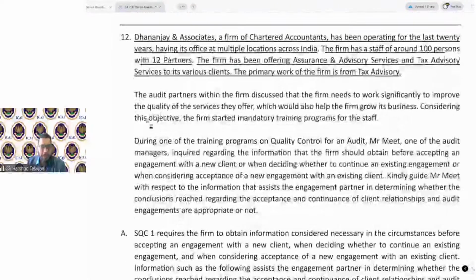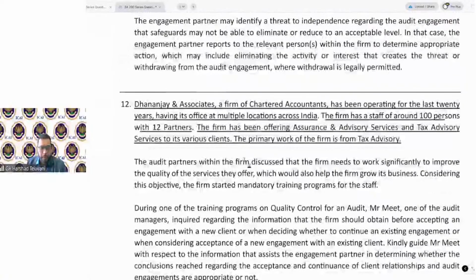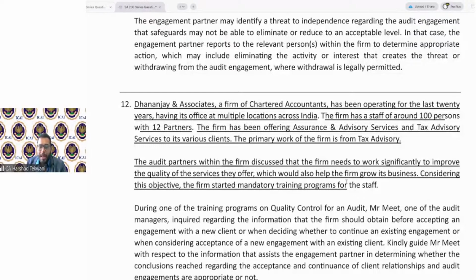The audit partners discussed within the firm that the firm needs to work significantly to improve the quality of the service they offer, which would also help the firm grow its business. Considering the objective, the firm started a mandatory training program for the staff.